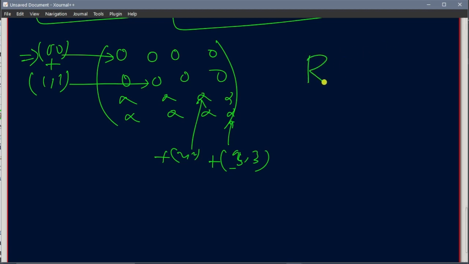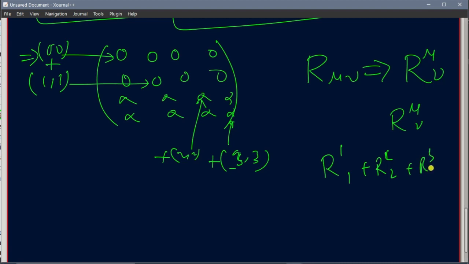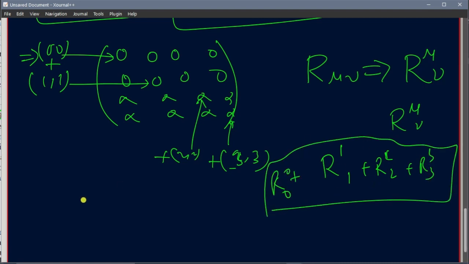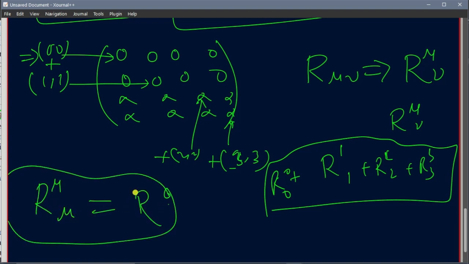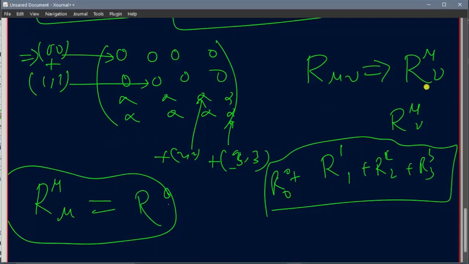So the trace of R mu nu can be written as R mu mu, and since mu and nu must be equal, I will get R 11 plus R 22 plus R 33 and R 00. So it will give you a scalar kind of term. So R mu mu is basically nothing but R. So what we can achieve from here is that they have written this equation, R mu nu minus lambda G mu nu, in this form.